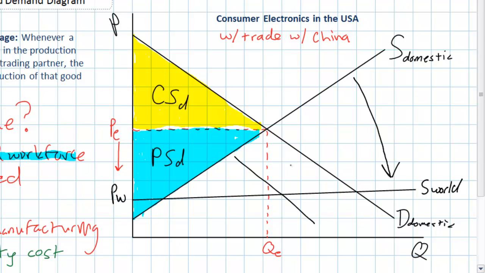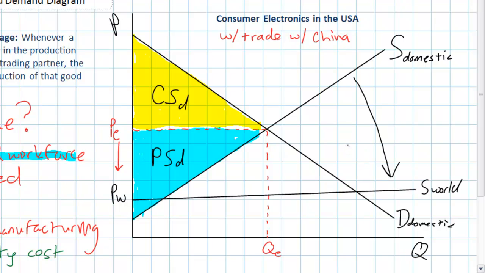The US is one out of around 200 countries demanding electronics. They will not have a huge impact on the price should US demand fall. Likewise, if demand were to increase and shift to the right, there is no change or relatively little change in the price of electronics. The US are price takers as consumers of electronics in the world.